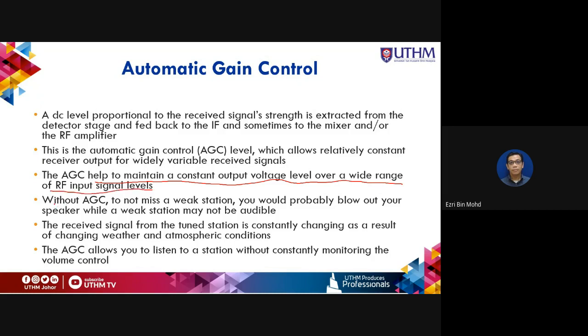For example, without automatic gain control, to not miss a weak station, you would probably blow out your speaker, while a weak station may not be audible. If there is no AGC, the power received by the receiver is not constant, it goes down and goes up, so we need something to make it more stable before we process the demodulation.